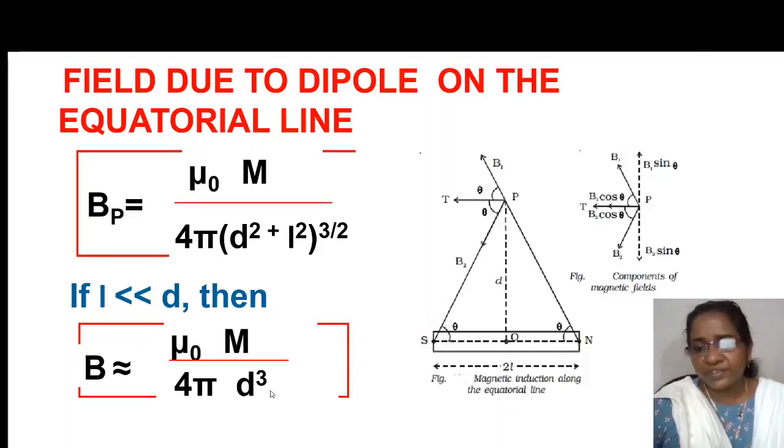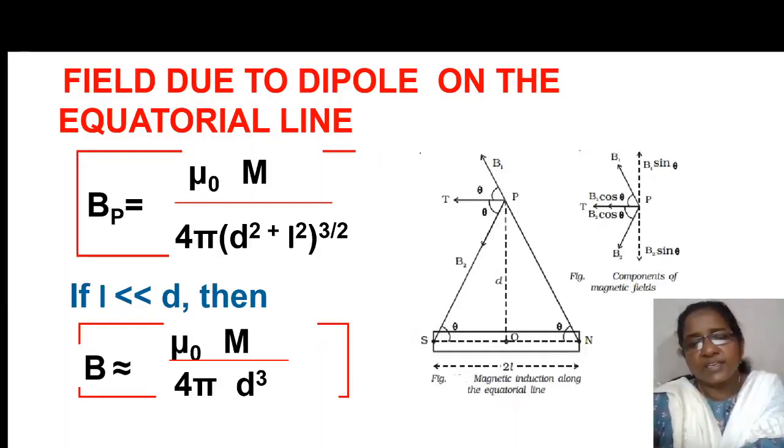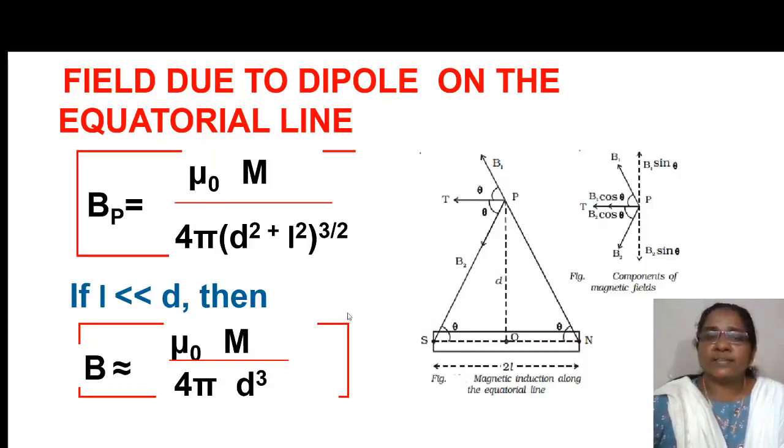What is the difference of this expression from the previous one, the axial one? You can see a difference in the numerator. In that expression, you have got mu 0 into 2 m. So that is the only difference in magnitude. But what about the direction? The axial field was along the direction of M. Now look here.